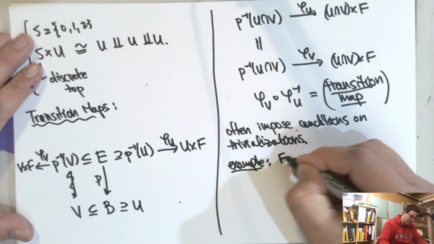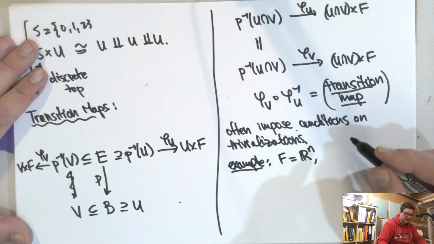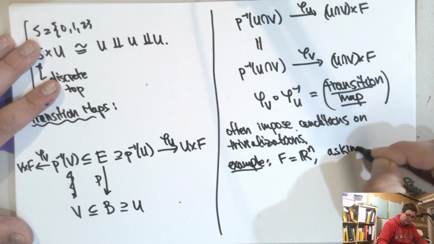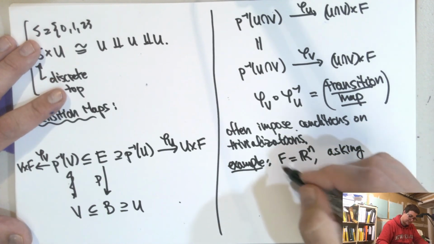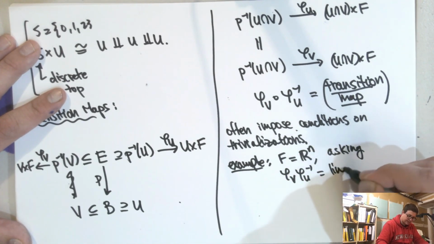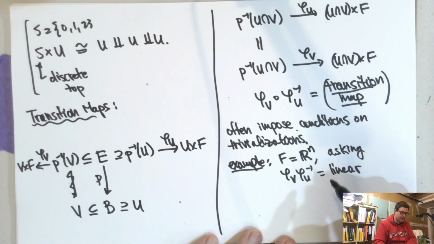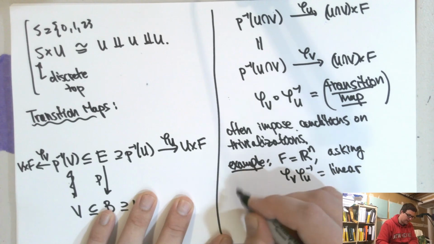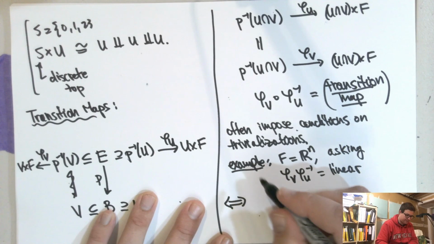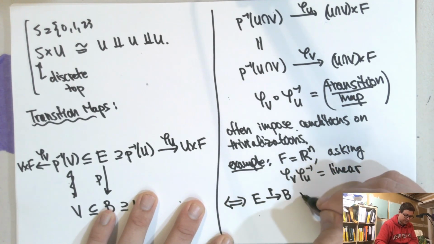If F is R^n, then asking the transitions to be linear, or that there exists a collection of linear maps, means that this map here... this is a vector bundle.